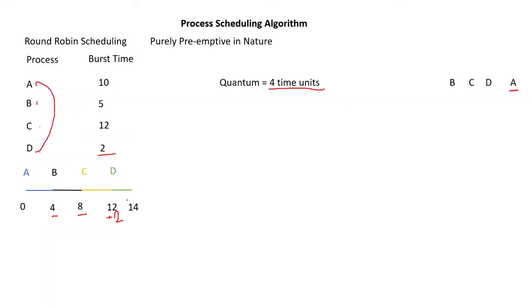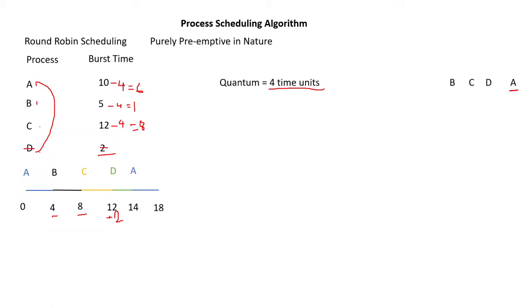Now at time point 14, basically the first round of the round robin scheduling completes. Now A is left with a burst time of 6 time units, B with 5 minus 4, that is 1 time unit, C with 12 minus 4, that is 8 time units, and D has completed the execution totally.